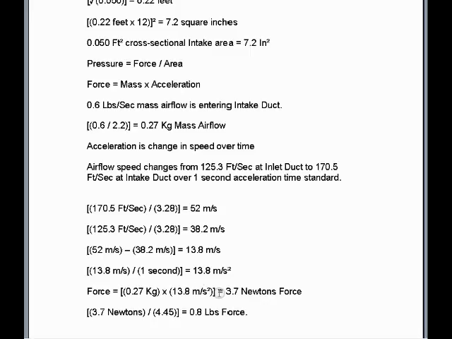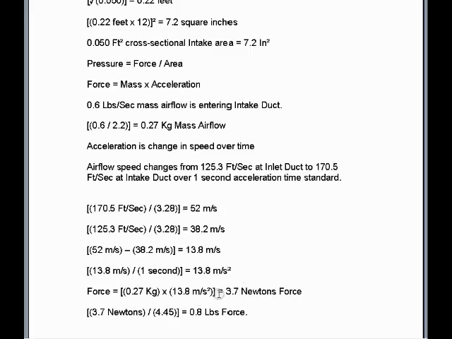So a force greater than the pressure from atmospheric pressure times area. The force greater than atmospheric conditions of 3.7 newtons force will also exert on the rear faces of the propeller disc area forward. So force is pressure times area.